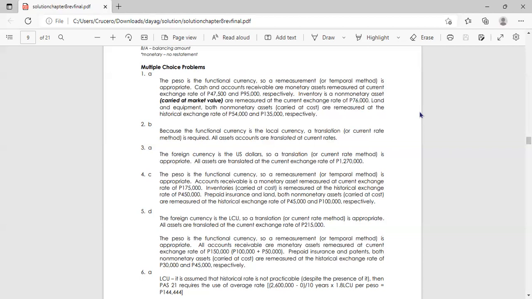So if it's the functional currency, we now use all of this at the current rates. So the foreign currency is the US dollars, so a translation or current rate method is appropriate.